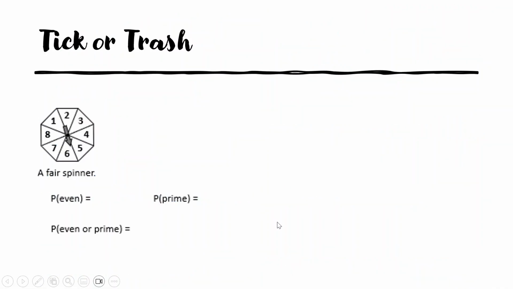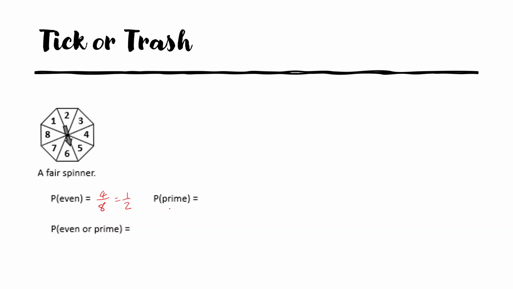But just to talk a bit more literally about the probability one. So this is a question where you could use that probability formula. So if I said the probability of a number being even, we've got 1, 2, 3, 4 even numbers, so it would be 4 out of 8 or a half.